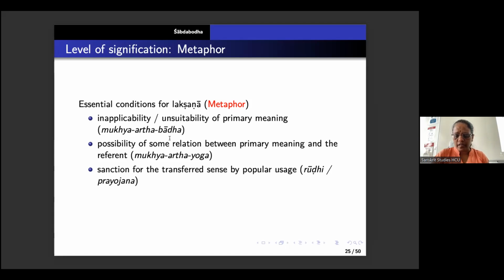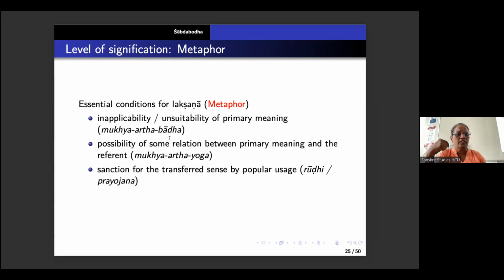So to give an example, if I say my house is on 80 feet road, naturally the house cannot be on the road. So that means by the side of the road. So from road, we go to by the side of the road, where we are actually extending the meaning of road to beside the road.